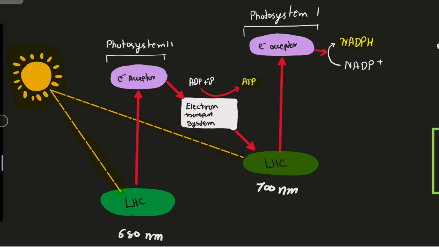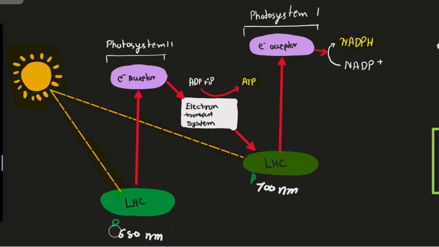This includes both the LHC, light harvesting complexes, of P680 and P700, both photosystems. Light falls on both the photosystems.